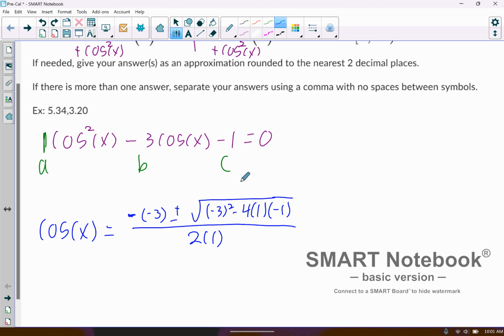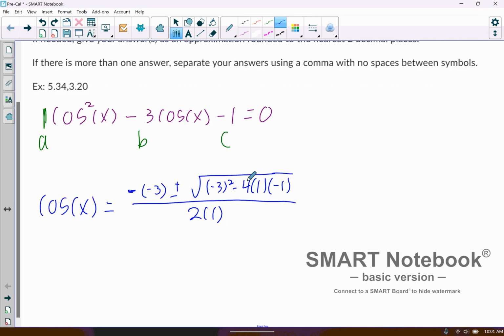We're going to want to simplify this, and then I'll have to put it in my calculator. What might be throwing you off is picturing where this is on the unit circle, because you have to be careful about that.